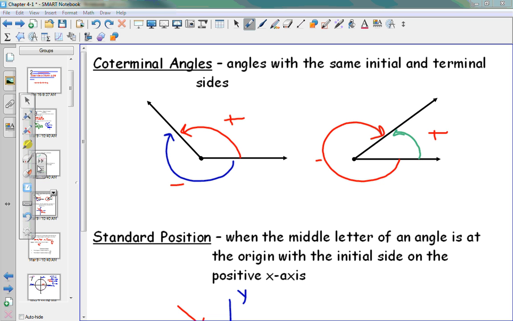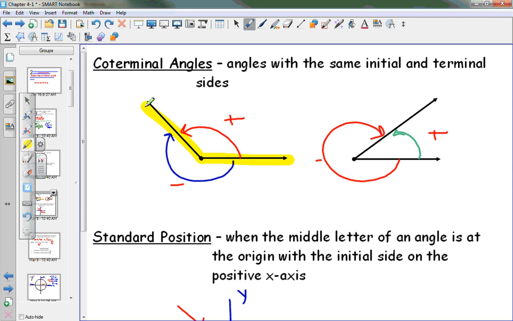Wait, so what was the difference between a directed angle and a coterminal angle? A directed angle gives you one angle in the direction that it's opening up. Coterminal angles are going to be two angles that come from one angle, depending upon the direction that it opens up. For example, this is one angle.